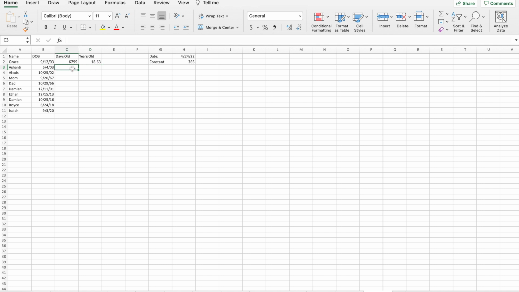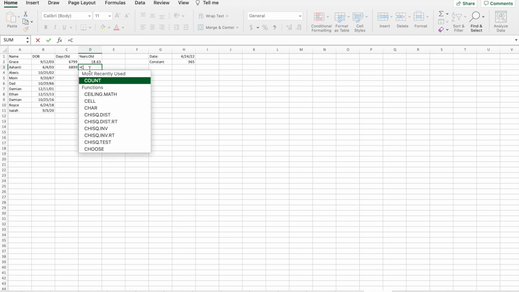So what the dollar signs do is allow for absolute cell reference. So once again, you will write equals $H$1 minus B3, because I'm doing another person's age, and that's how many days old they are.